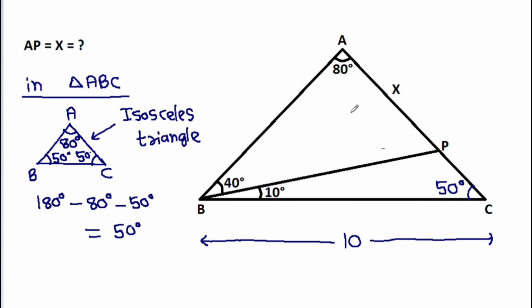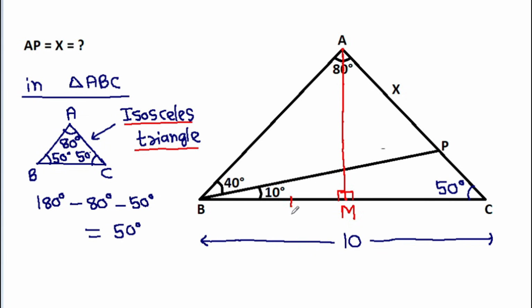And now from point A, if we make a perpendicular on BC, suppose this point is M, then ABC is an isosceles triangle.